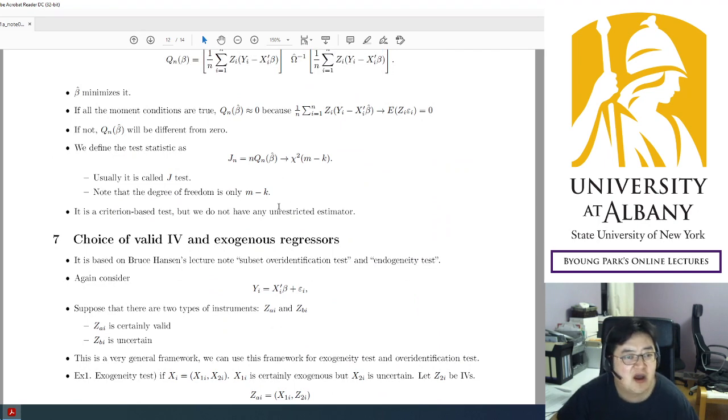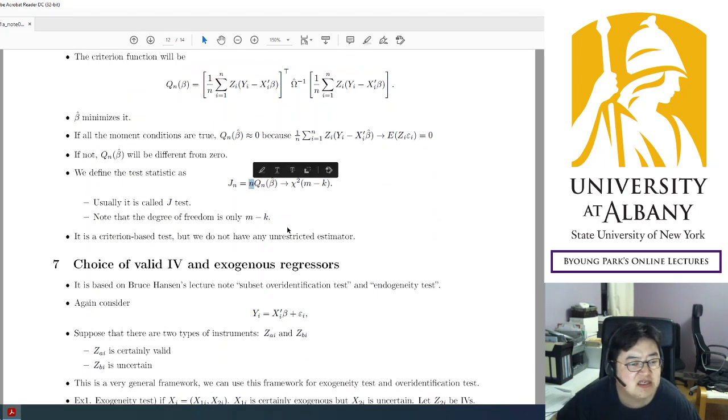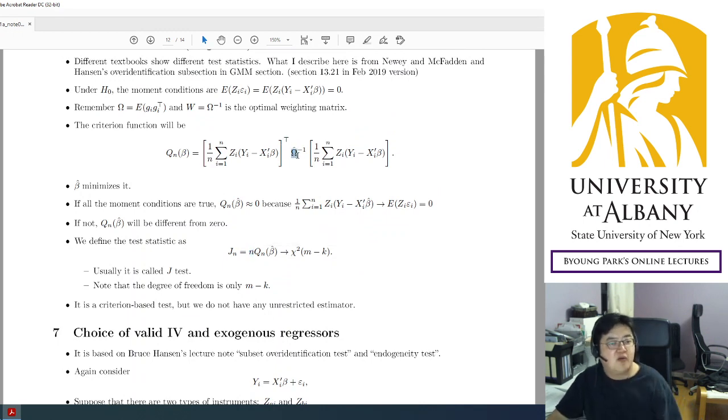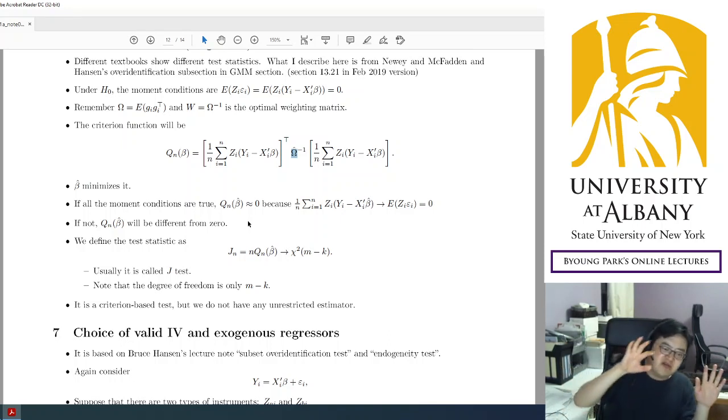The reason why n is multiplied here depends on whether omega hat includes n or not. Remember, depending on the definition of asymptotic variance, the variance must be divided by n. So the asymptotic variance is approximately the variance of estimation error divided by square root of n.